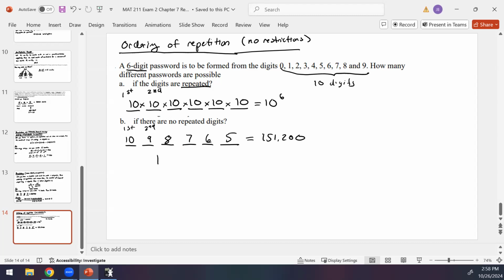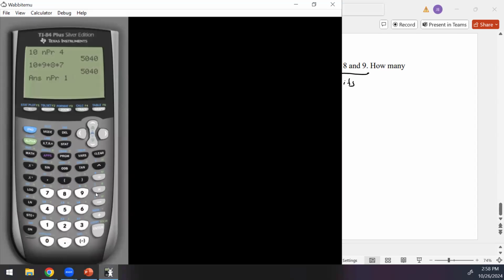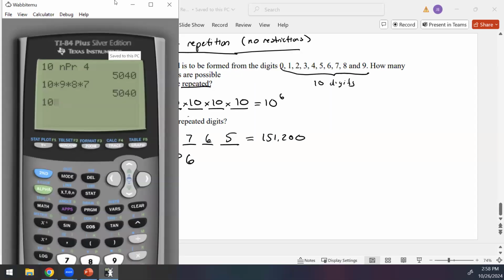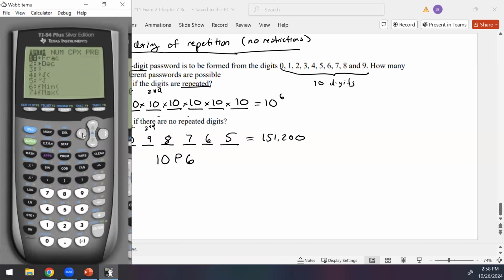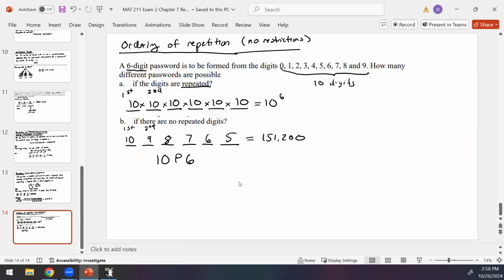If you really think about this, this is just 10, and we're permuting 6. 10P6, right? So if I go to my calculator, 10 math, PRB, nPr, 6, and we get the same number. So when you don't have to order everything, you can just use a permutation, right?